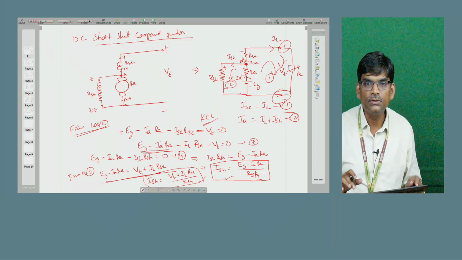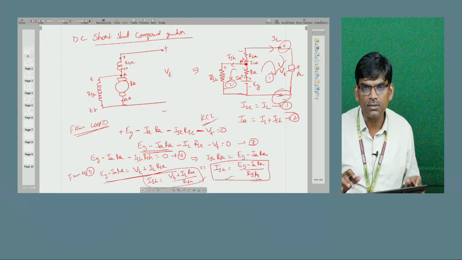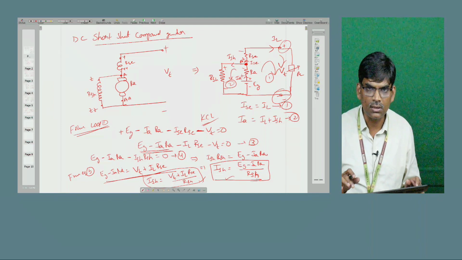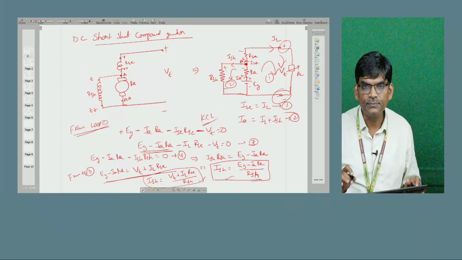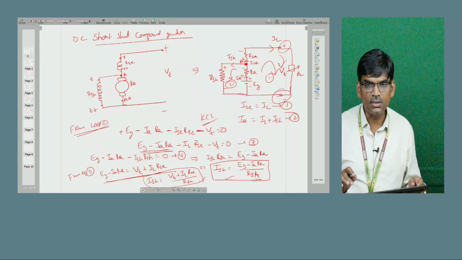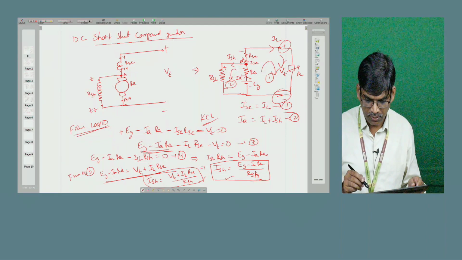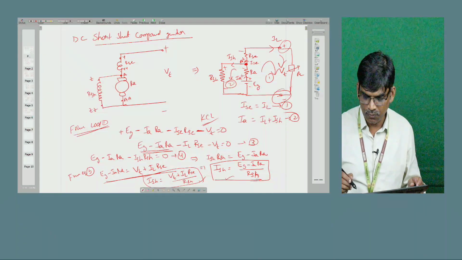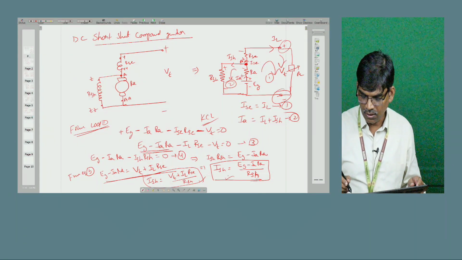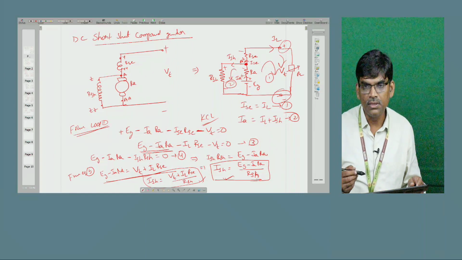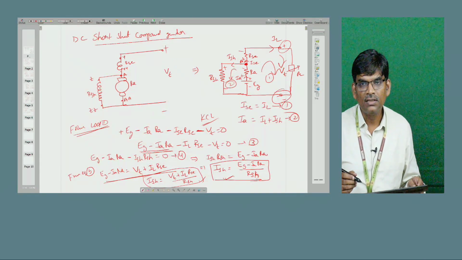To conclude, this is the difference between the short shunt compound generator and the long shunt compound generator. The long shunt compound generator has equations like a shunt generator, but for the short shunt you have to choose either formula based on the data given. Thank you very much.